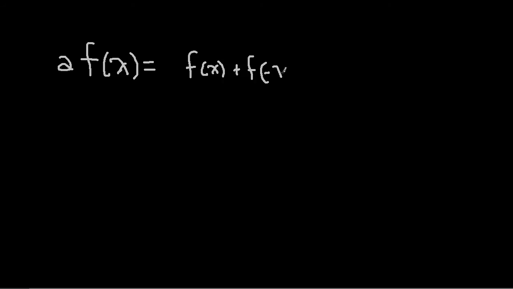We said that if we start with any function f of x, we multiply it by 2, that's equal to f of x plus f of negative x plus f of x minus f of negative x.